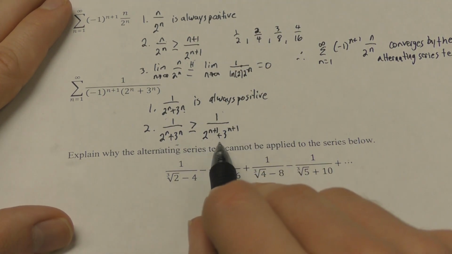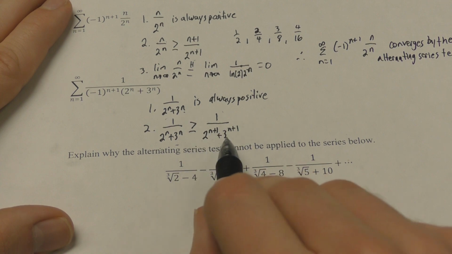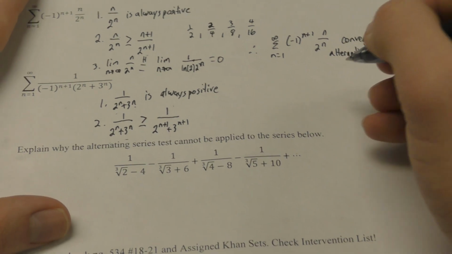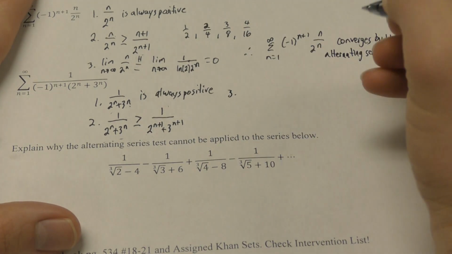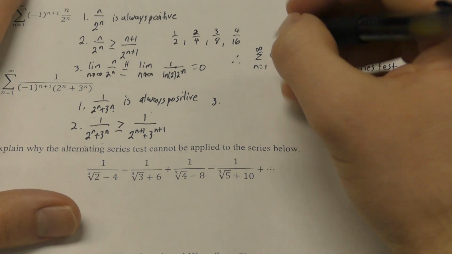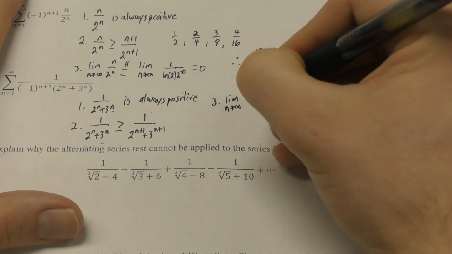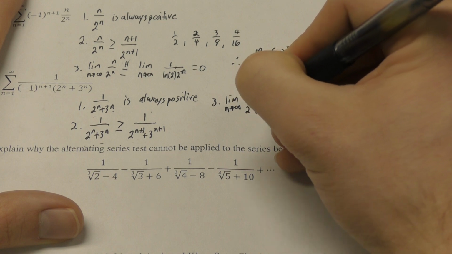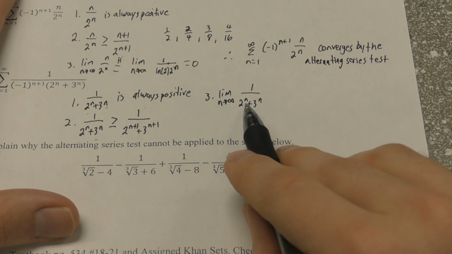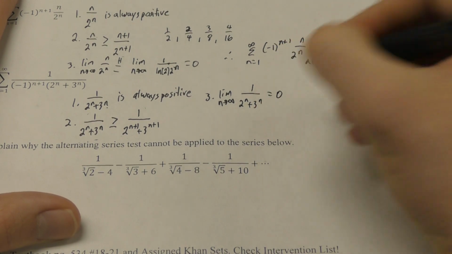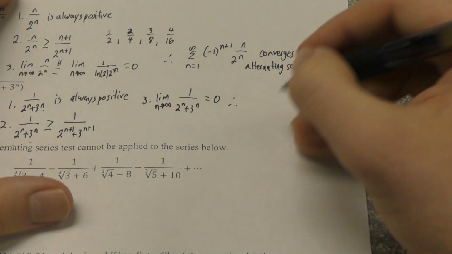So this is going to be smaller than the previous term, because the denominator is going to be bigger, so that's good. And test number 3, we need to make sure that it eventually decreases, that the limit as n approaches infinity of 1 over 2 to the n plus 3 to the n goes to 0. Well, as n goes to infinity, the denominator is going to get really, really big, so this does go to 0.